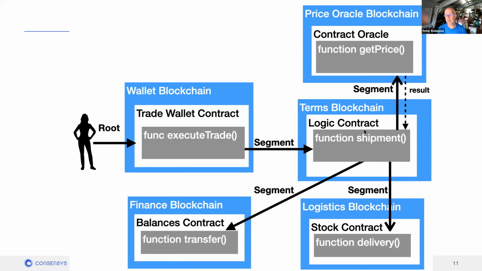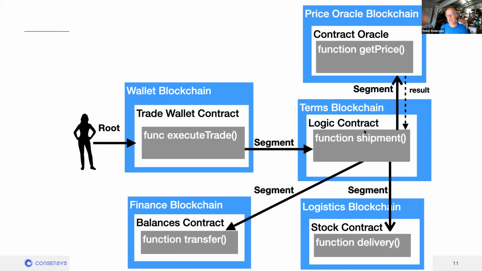So you could probably argue that maybe all of these contracts could be on the one blockchain, but you could imagine that people involved in trade finance are likely to be different parties to the ones involved in logistics. And they may not actually want to have each other on the same blockchain. So you might have some parties that are on both, but many of the parties won't be.